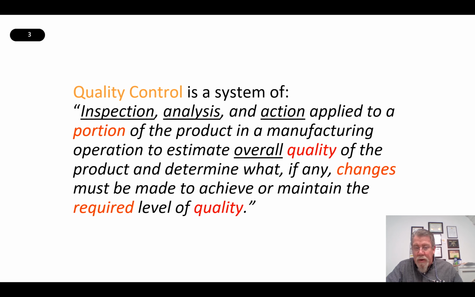This third slide here is the definition of quality control. The main thing of quality control is when you inspect it, and you sample it, and you test it, you determine based on all those samples and tests whether or not you need to make changes to either achieve or maintain a certain level of quality for your product.